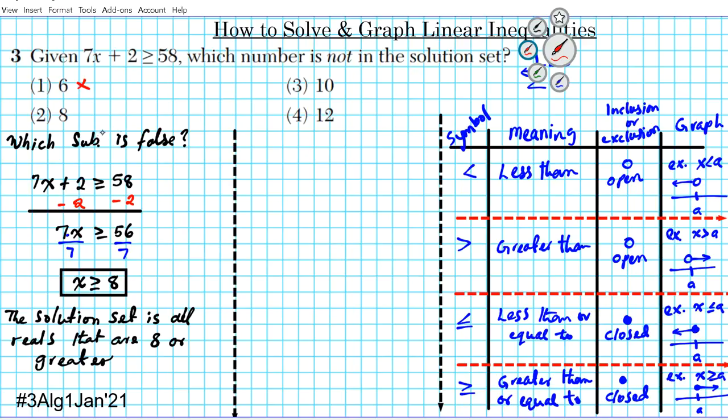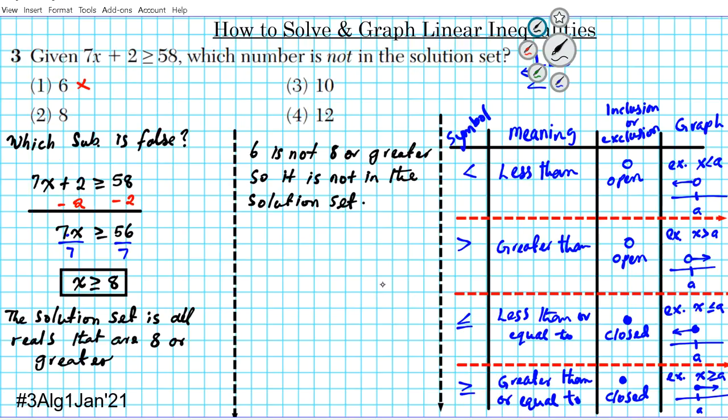So that's the answer. 6 is not in the solution set. We're not asked to find the ones that are in; we're looking for the one that is not.